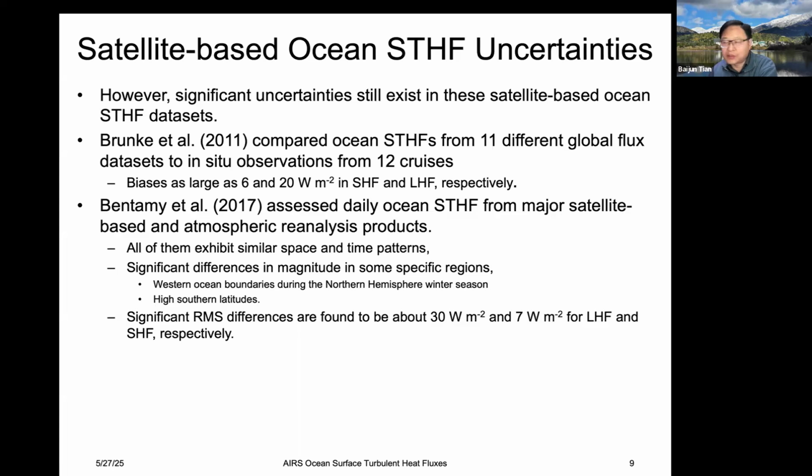Bentamy et al. 2017 evaluated the daily ocean surface turbulent flux from the major satellite-based and reanalysis-based products. Mostly they have similar spatial patterns and time series, but there are significant differences in magnitude among those datasets, especially in the western ocean boundaries in the Northern Hemisphere winter season and the high southern latitudes.